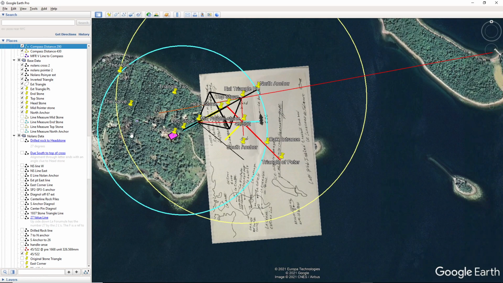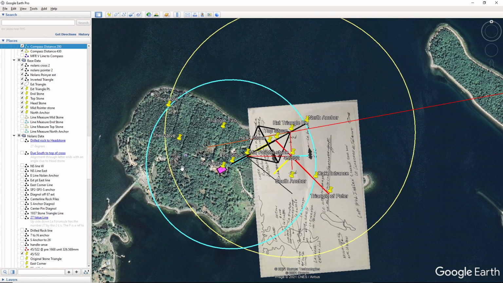And just to throw this in, when you do the 1440 scale from the end stone, it goes through the hole, the north anchor, and the oak entrance. It establishes those.